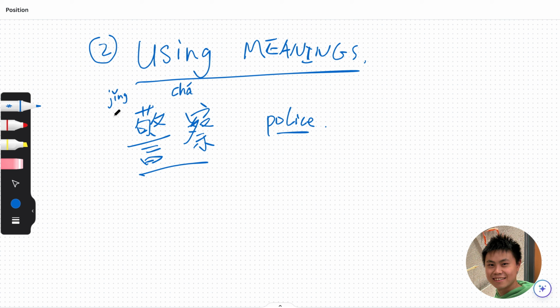I don't know if this is right. So to remember this, you can just crack it open. This is its phonetic part. 静, 景 and 静. Remember this, and police talk a lot. So it has words.